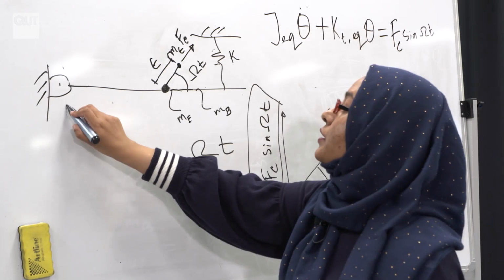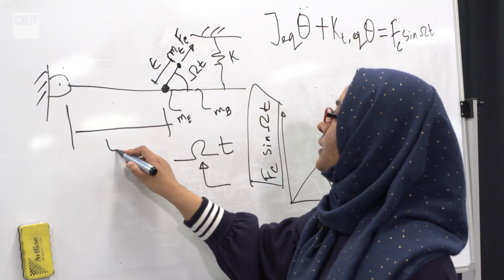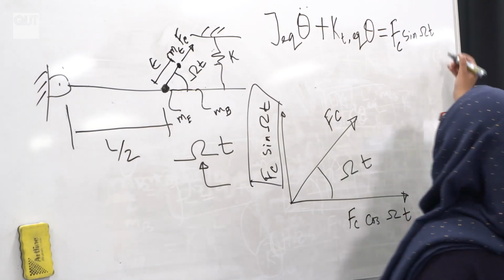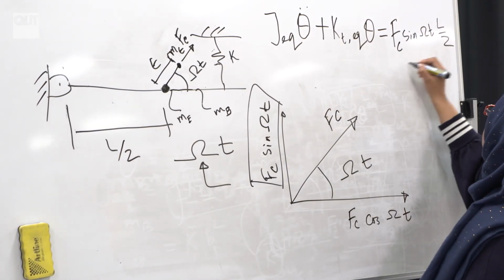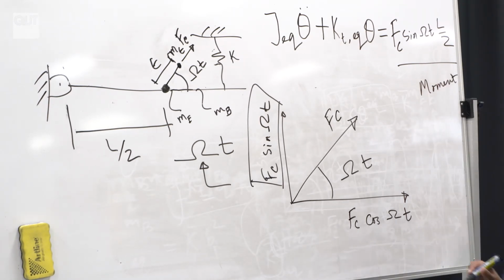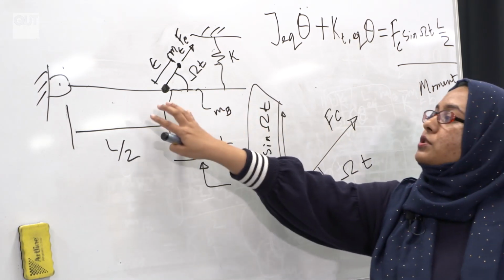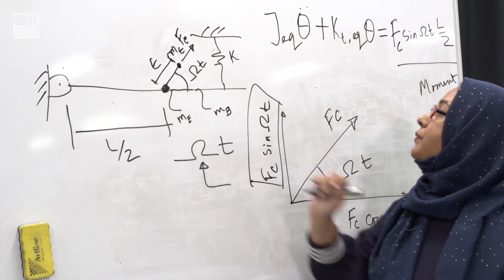From the revolute joint to the exciter unit, the length is L by 2, so we multiply by L by 2. That means this is a moment; we are considering the moment here.